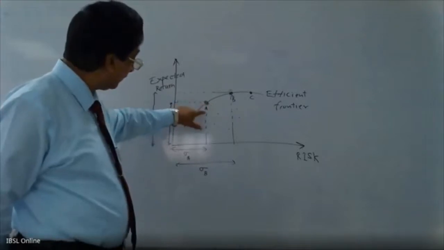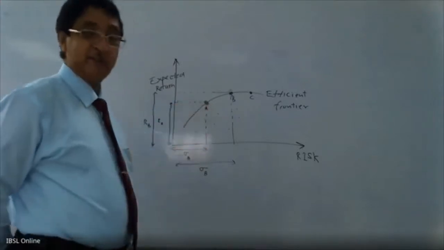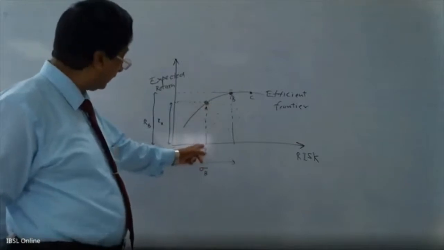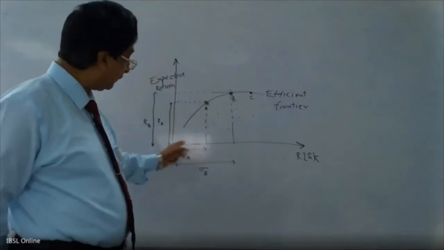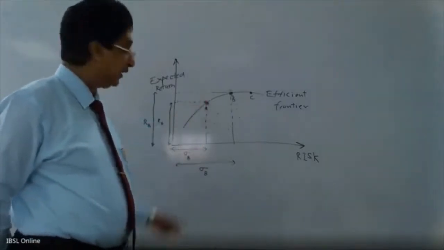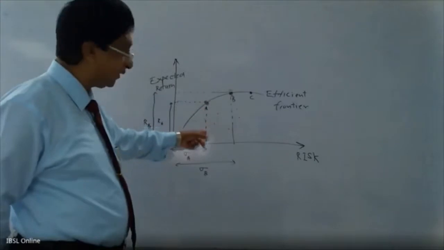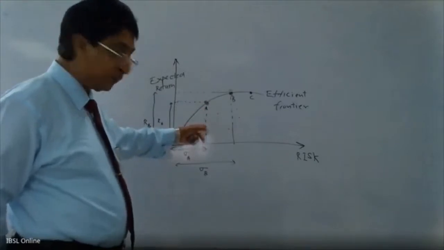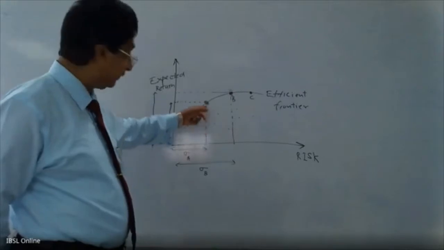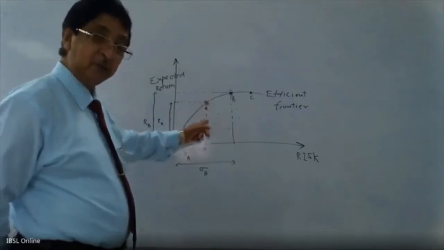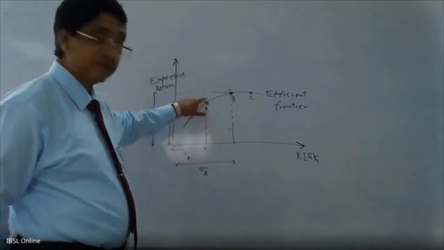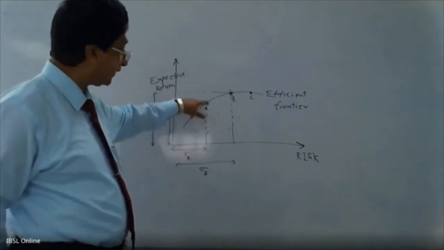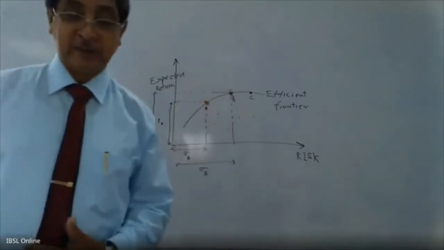So all these are not efficient, because you can have a higher return portfolio with the same risk on the efficient frontier. If you take any point representing a portfolio just below this, no portfolio is generating a return equal to this. Always it is less than this return. So such portfolios are inefficient portfolios.